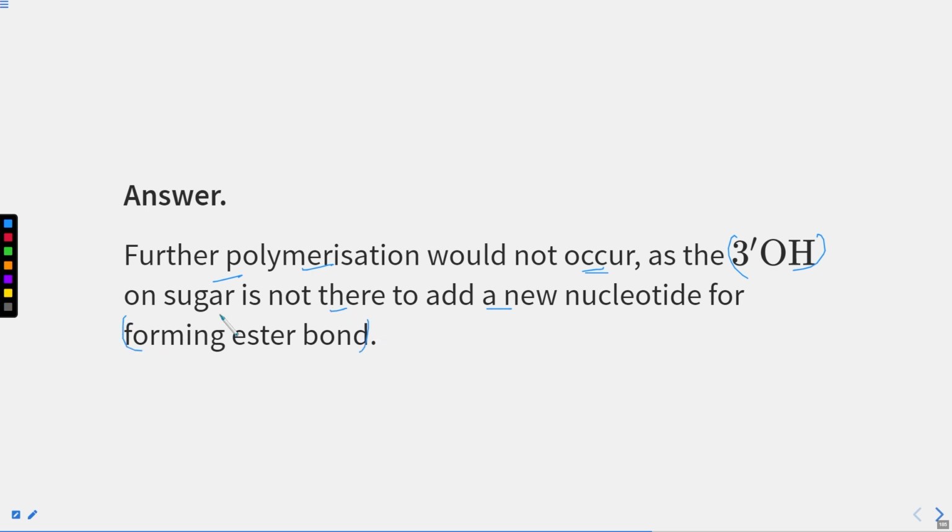The new nucleotide is added at the 3' end, so the polymerization would not occur as the 3' OH on the sugar is not there to add the new nucleotide.